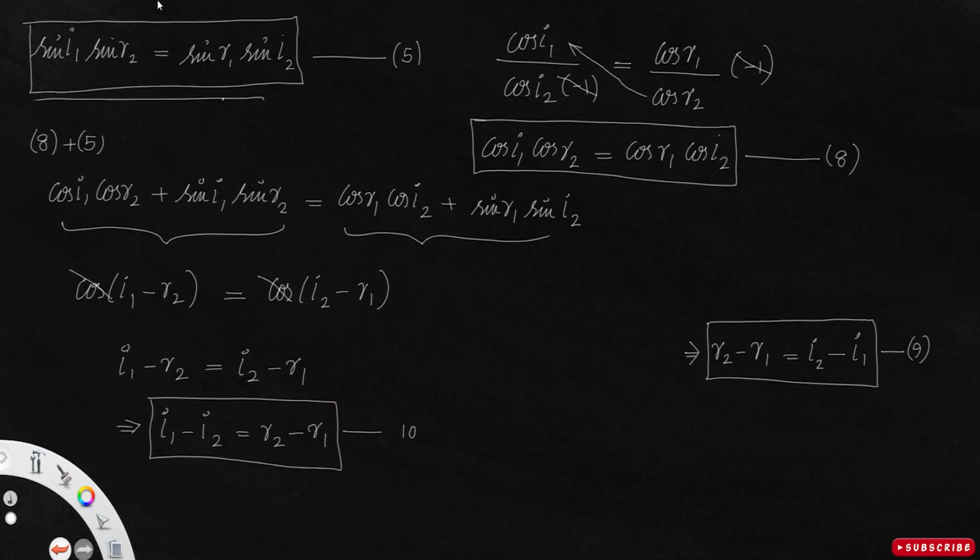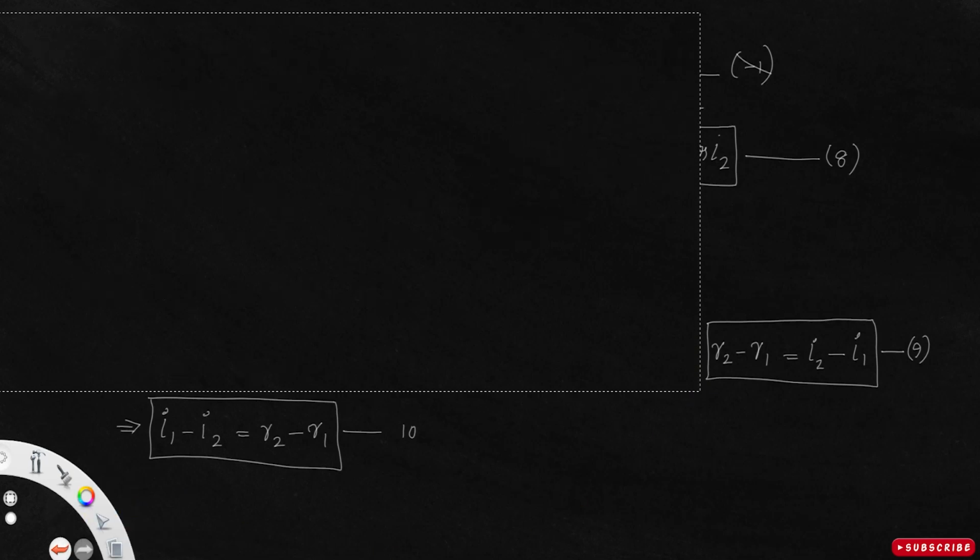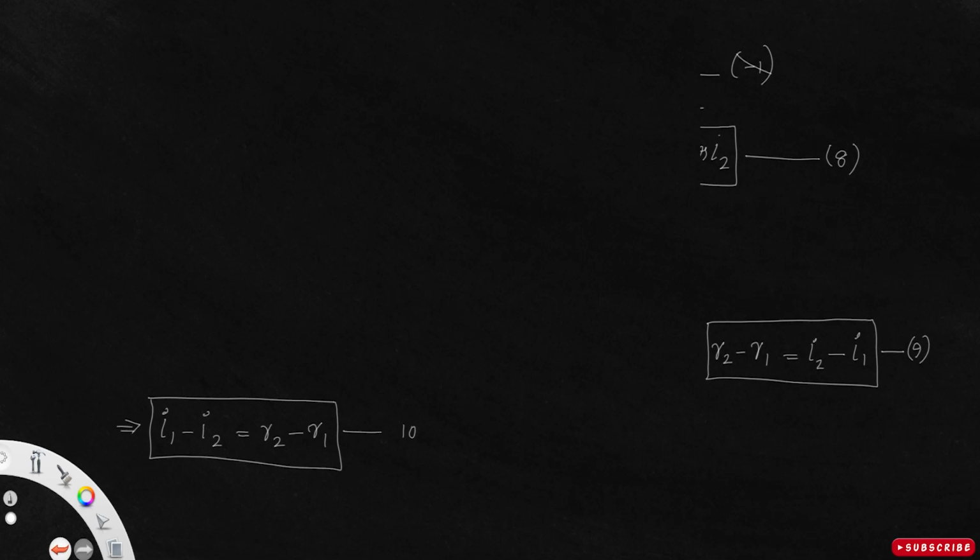Now I can equate equation number 9 and equation number 10 because we have R2 minus R1 as the common term. So I1 minus I2 will be equal to I2 minus I1.